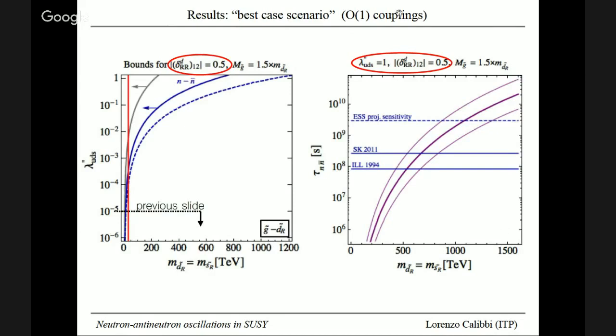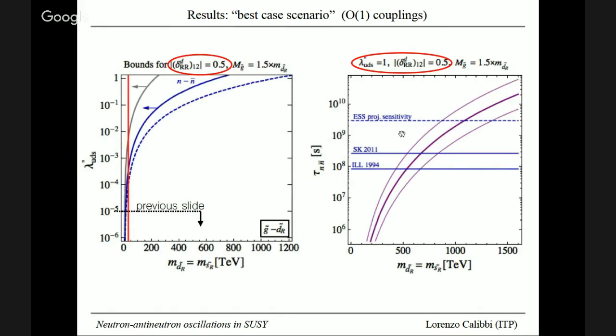So here I'm plotting the same thing, this time just setting the baryon number violating coupling to 1, and plotting the oscillation lifetime as a function of the squark mass. And here you see the present bounds and the projected sensitivity. While these bands give you the feeling of these infamous hadronic uncertainties I was mentioning before.